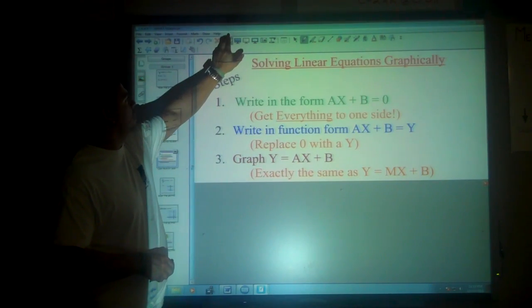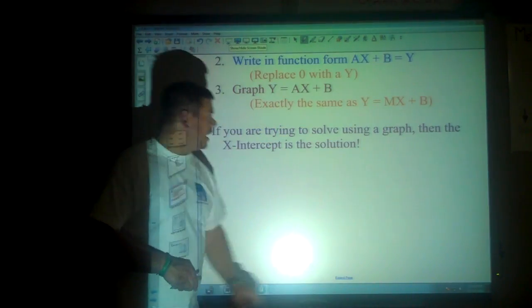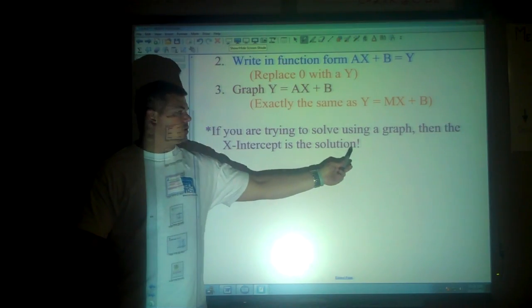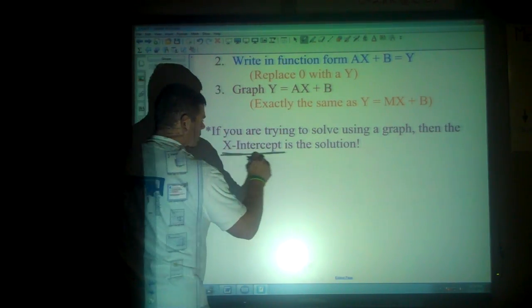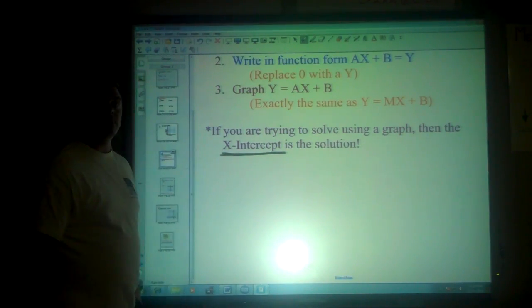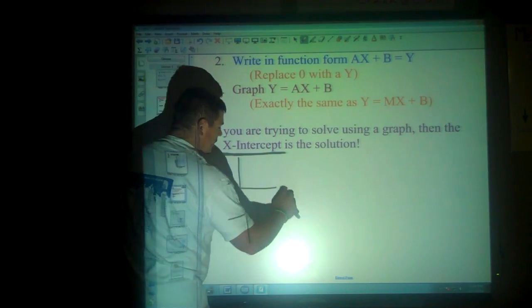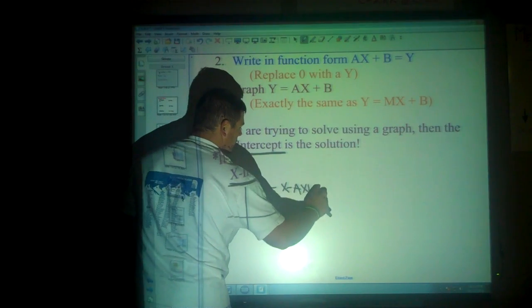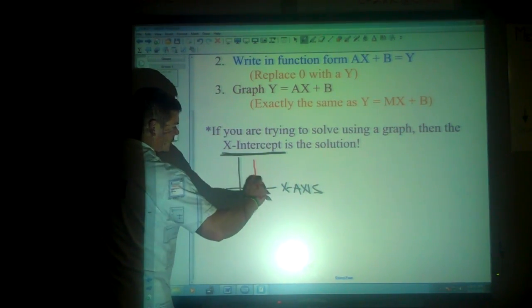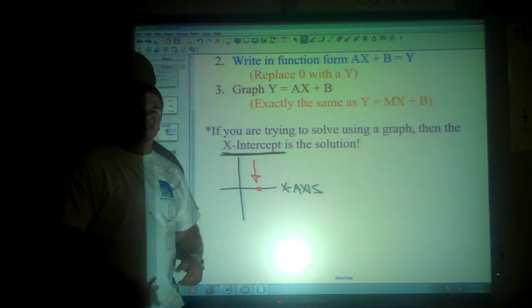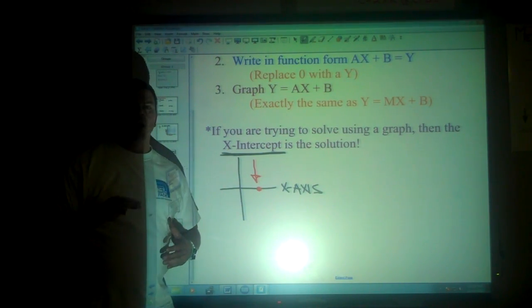What we want to do when we solve this is look at where the graph crosses the x-axis. Now this is what's important. When you have an x-intercept, it means you are on the x-axis. Say you are right there. That would be considered an x-intercept. And when you're on the x-intercept, you haven't gone up and you haven't gone down.